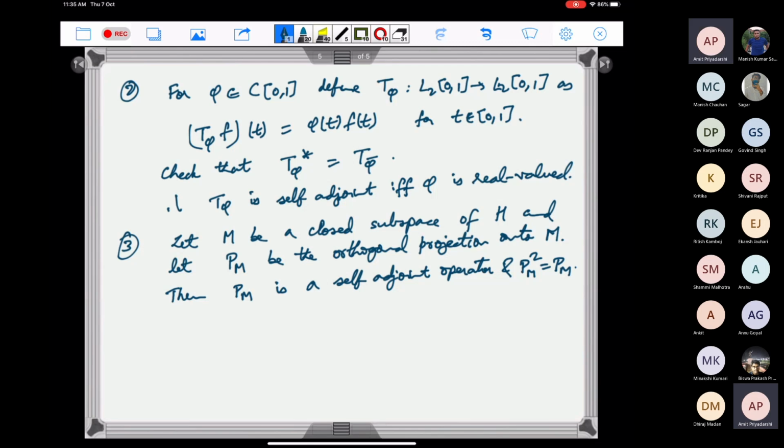So why is this self-adjoint? Let's see why it is self-adjoint.